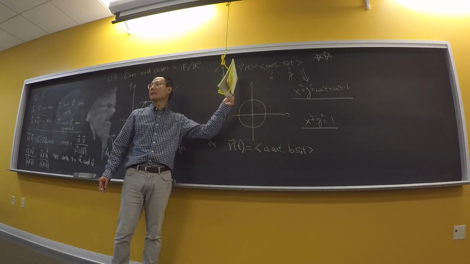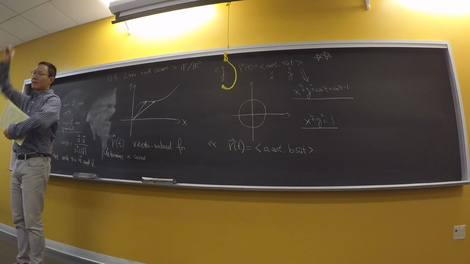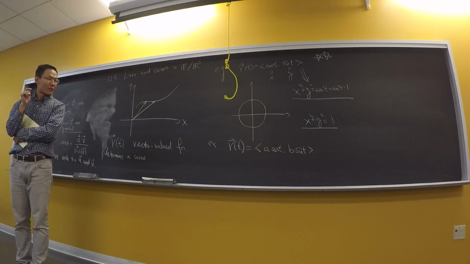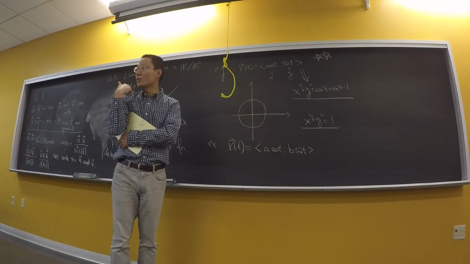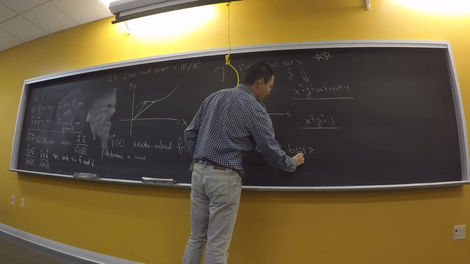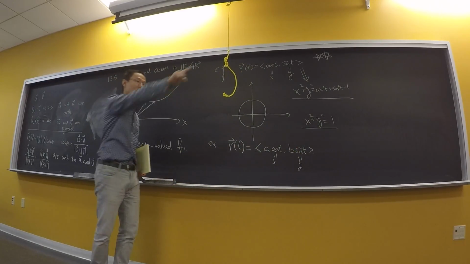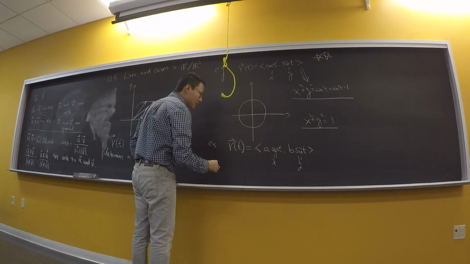So according to what we did here, how can we eliminate? Think about it. I still want to use cosine squared plus sine squared is equal to 1. And I know this guy is equal to x, this guy is equal to y. So how do I get cosine? How do I get sine?